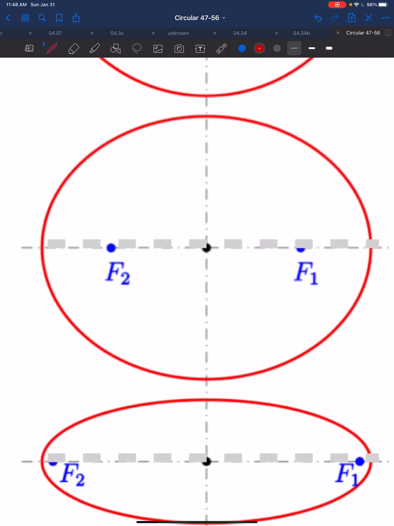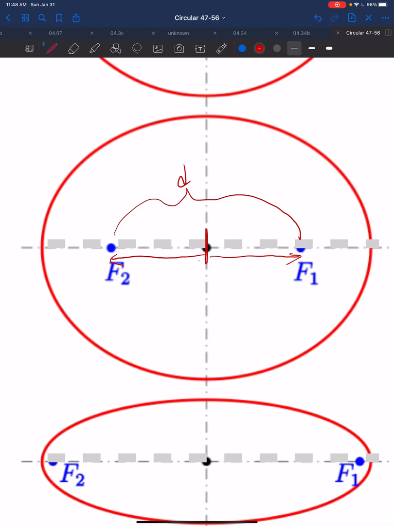Now looking at our second case, we want the distance between the foci. Now it probably stands to reason that if we look at this total distance, which is the D, and we measure just from the center to the focus, that this is the semi-distance to the focus, 1/2 the distance between the foci.